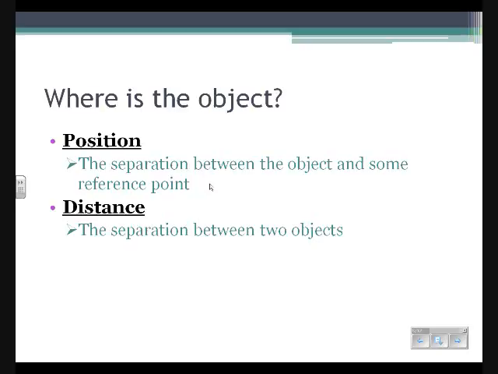You're going to have a lot better chance of finding Batman than if I say Batman is 5 centimeters away from Einstein. A little bit more detailed. Position is a more detailed description of where the object is than distance, which just tells you the separation between two objects.